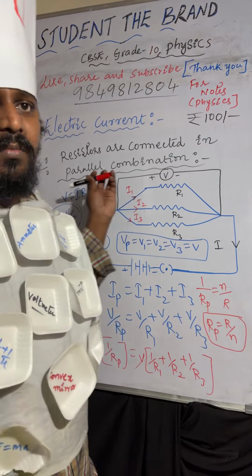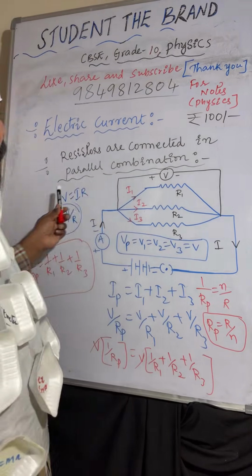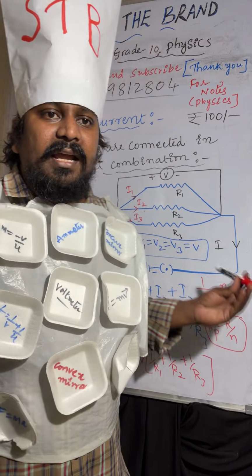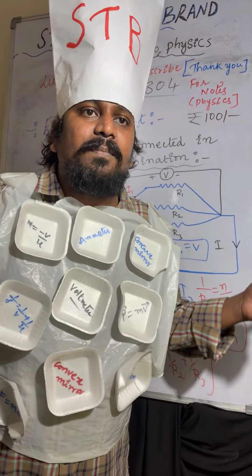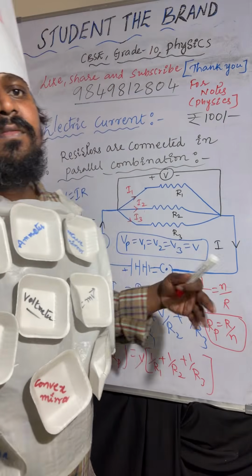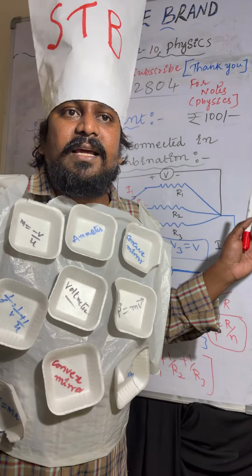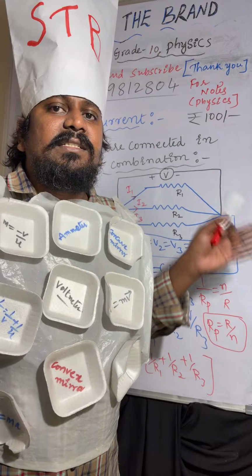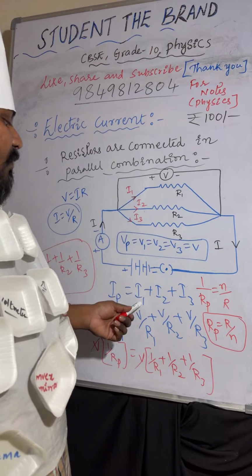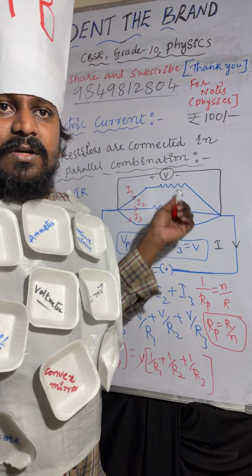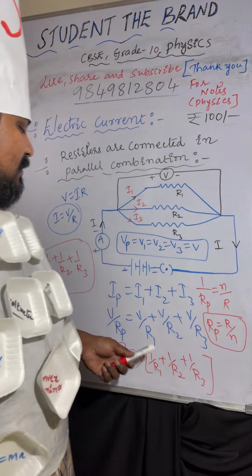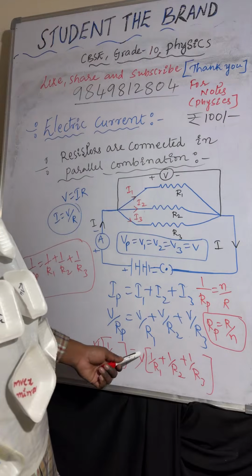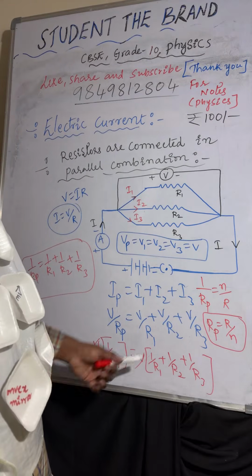From Ohm's law V equal to IR, I equal to V by R. So Ip equal to I1 plus I2 plus I3, and so on if you connect more resistors. Here I connected only 3 resistors, because current is dividing into 3 parts. So V by Rp equal to V by R1 plus V by R2 plus V by R3. V I am taking common, V will get cancelled.